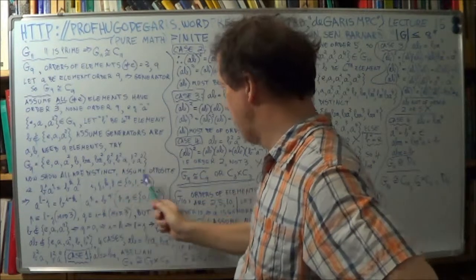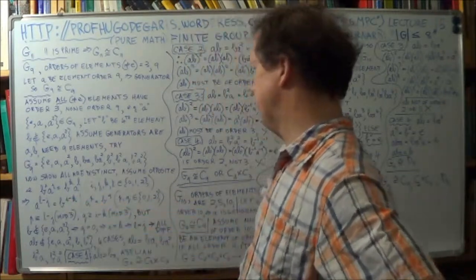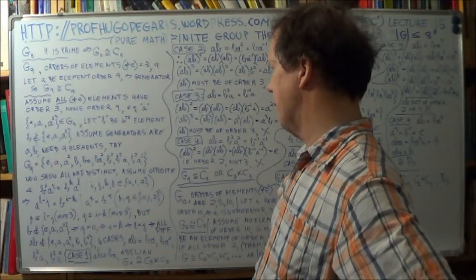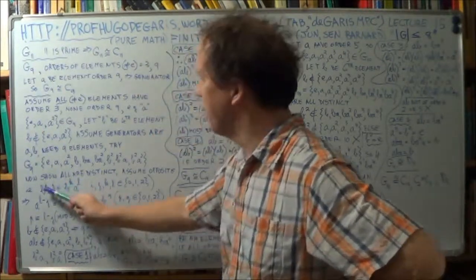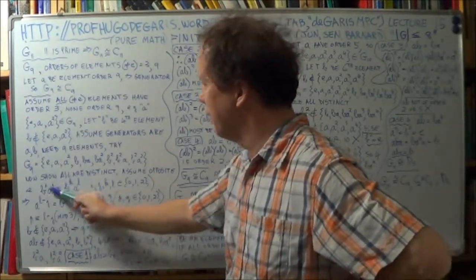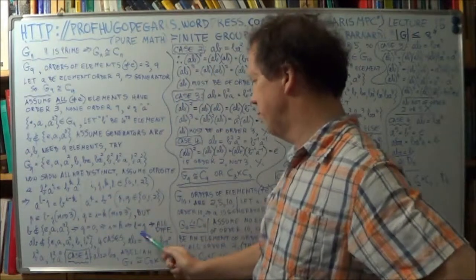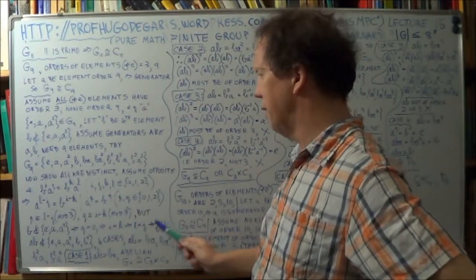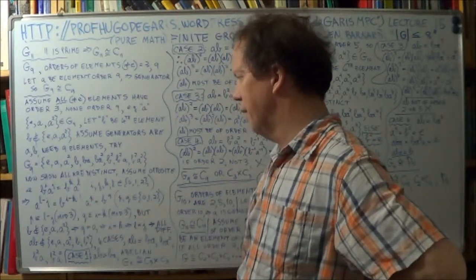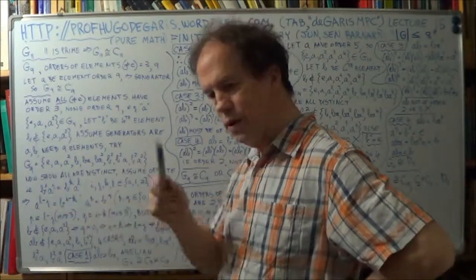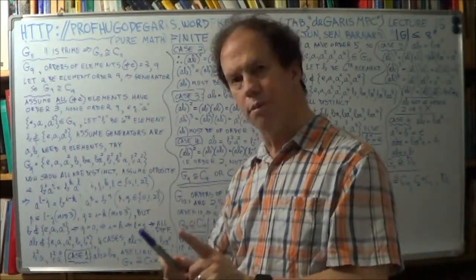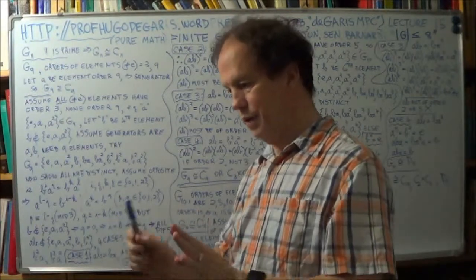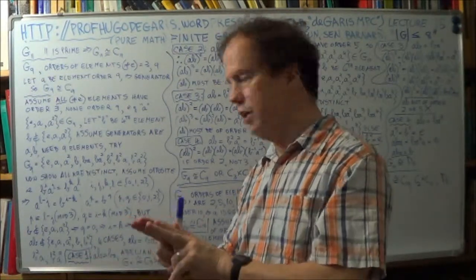We assumed these two are different, and we had different integers here. Now we've proven that they're equal. That's the usual thing when you're trying to prove uniqueness, that there's only one way something can happen: assume that there are two ways and then show they're equal.